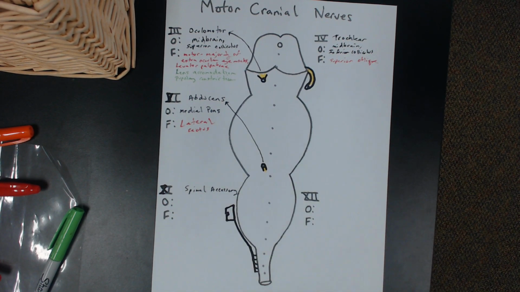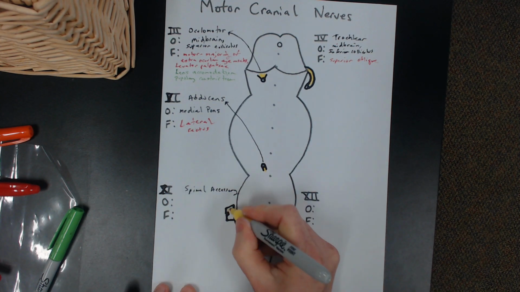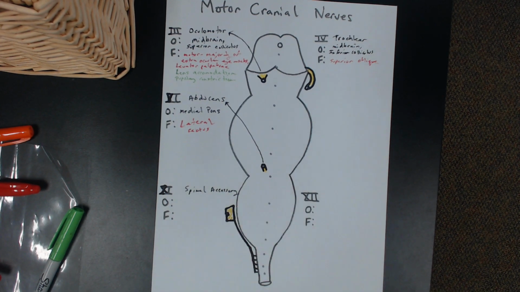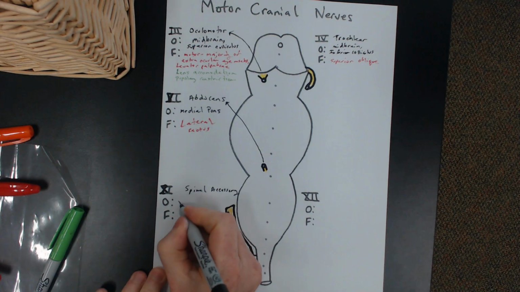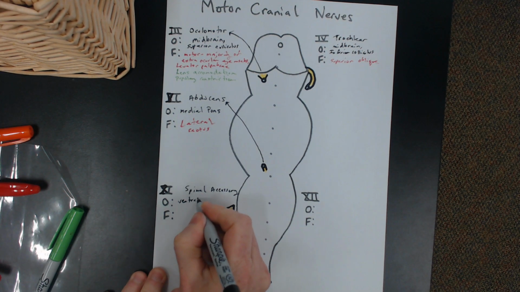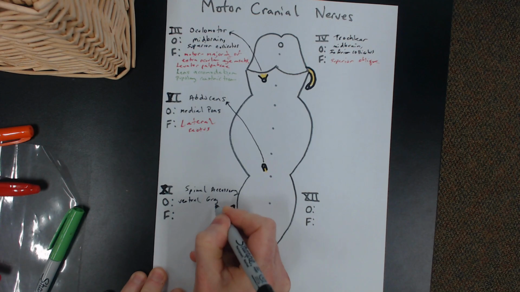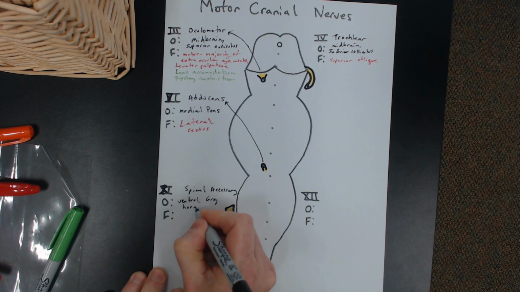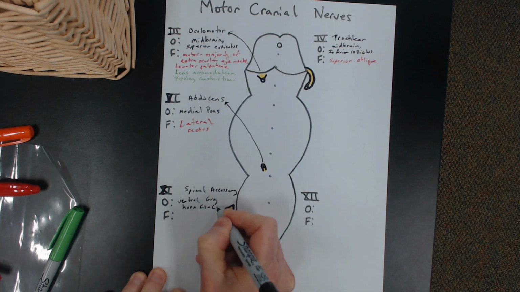Okay. So the origin, like I said, is ventral gray horn, C1 through C5.